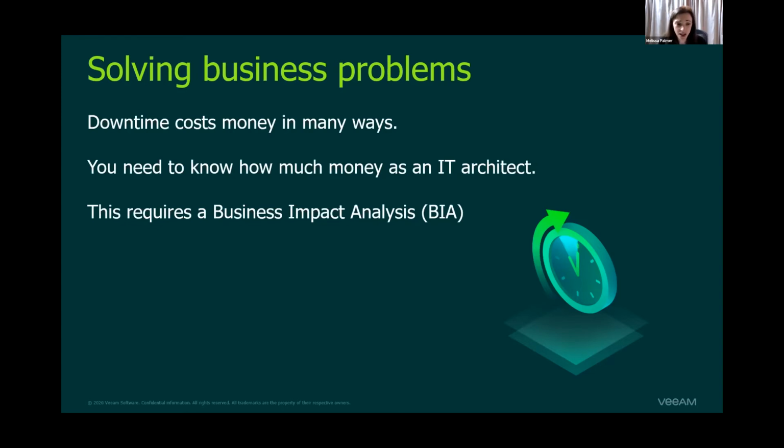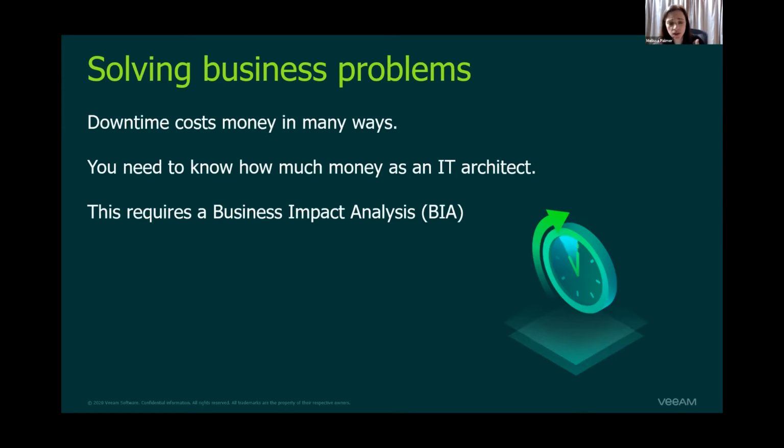And then an even harder decision needs to be made. If I'm going to lose $100 million an hour, how much downtime is acceptable to me? And they might say no downtime, right? And you're going to have to fundamentally architect that application, that infrastructure in a very different way than if they said they could be down for 8 hours.